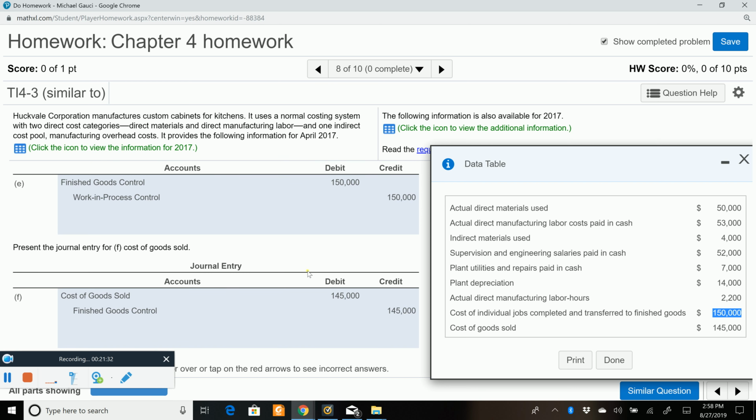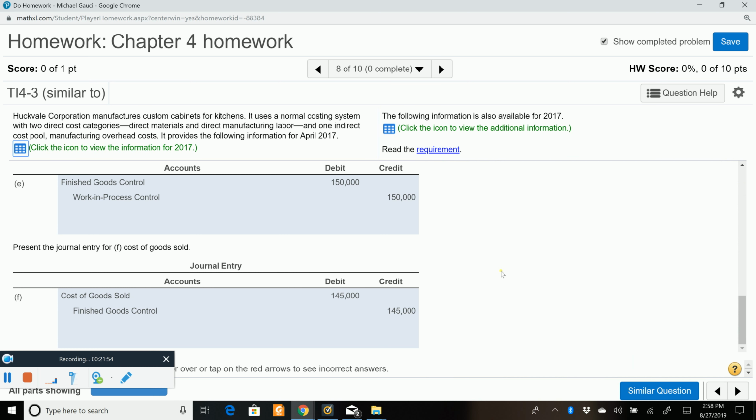And then lastly, it will come out of the finished goods account once we sell it to customers. And that amount is $145,000. This is a journal entry that should be near and dear from your Principles 1 class, where we debit the cost of goods sold, which is just the expense for the inventory, and then we credit the finished goods inventory. All right, so this is a great homework problem.